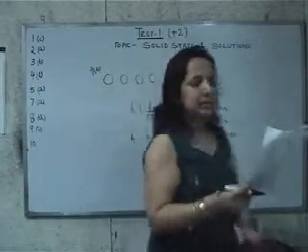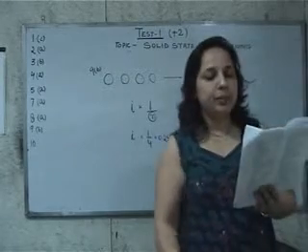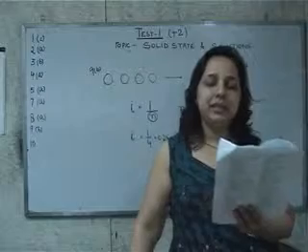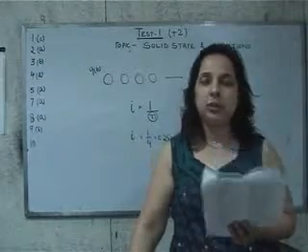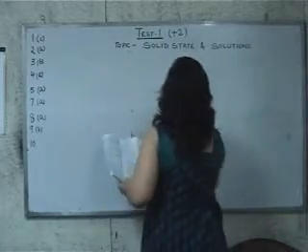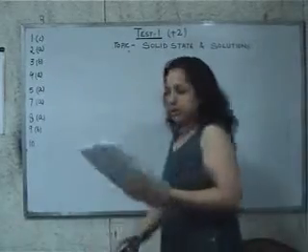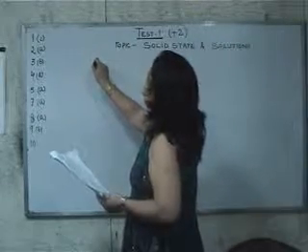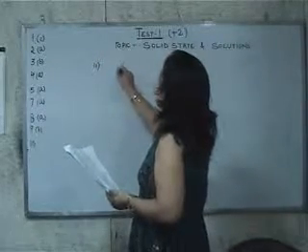Question number 10 is: calculate the ebullioscopic constant for water. Heat of vaporization is 40.685 kilojoule per mole. We want to calculate the ebullioscopic constant, Kb.